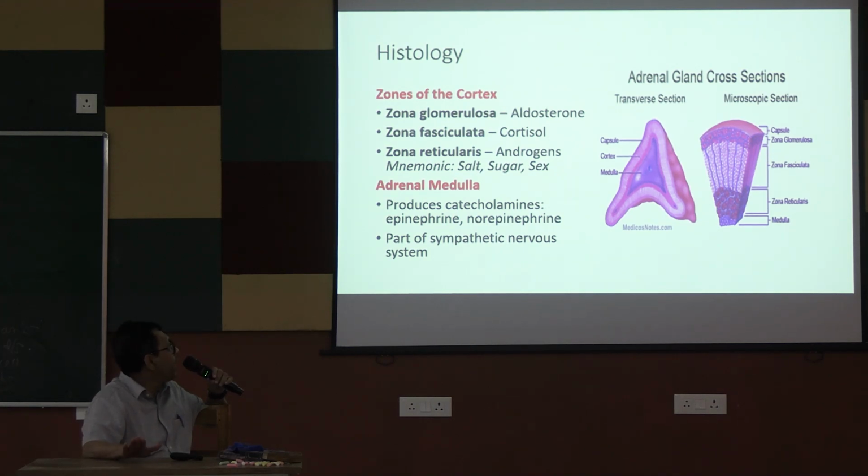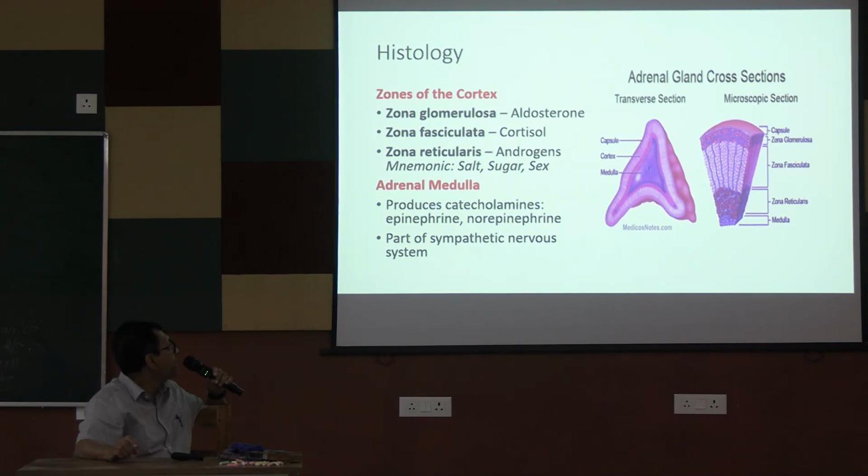Salt is controlled by aldosterone. The zona fasciculata is the sugar, that is cortisol, and the zona reticularis is the androgen. And the adrenal medulla, on the other hand, is a neuroendocrine organ which secretes catecholamines in the part of epinephrine and the norepinephrine.